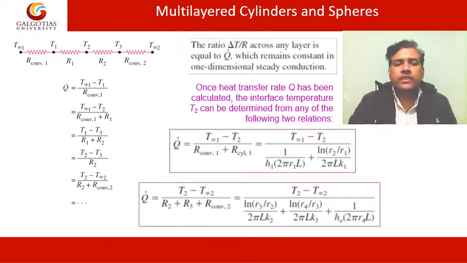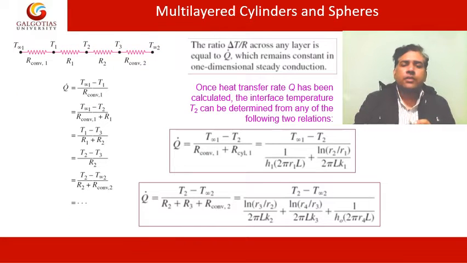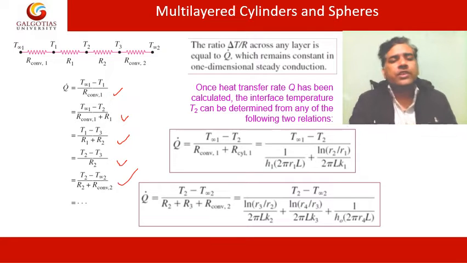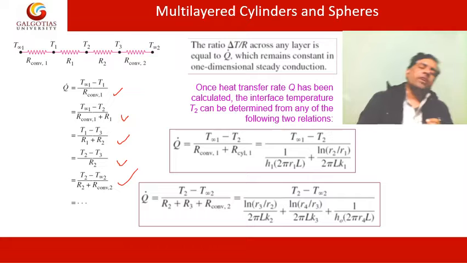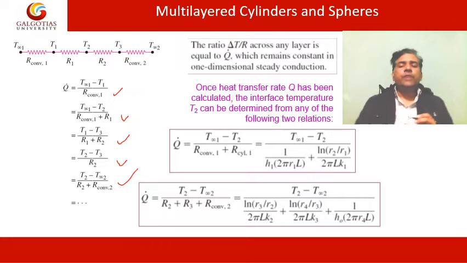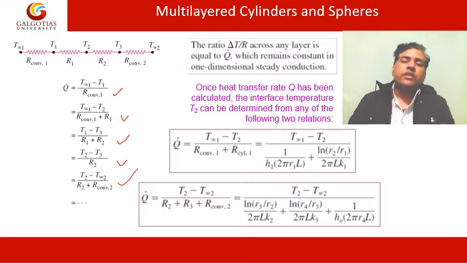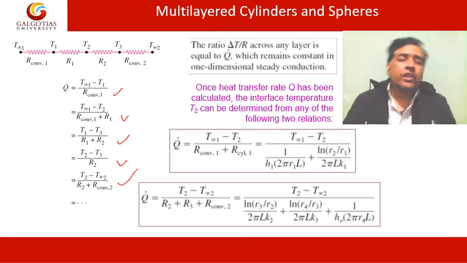So in this case, this is general, and it is written over here. Since the heat transfer rate is constant, it can be easily calculated using these relations. Once we have calculated the heat transfer rate, we can find all the intermediate temperatures within the body.